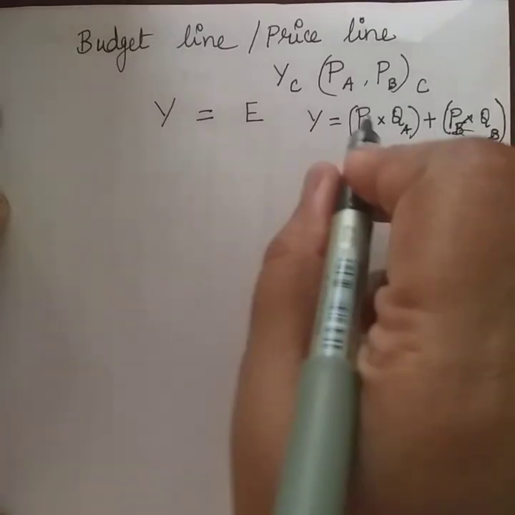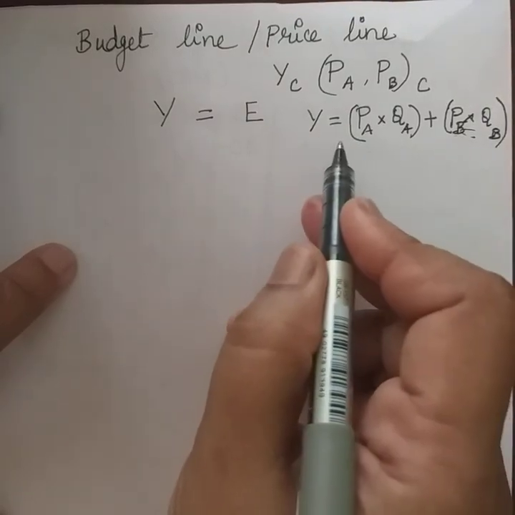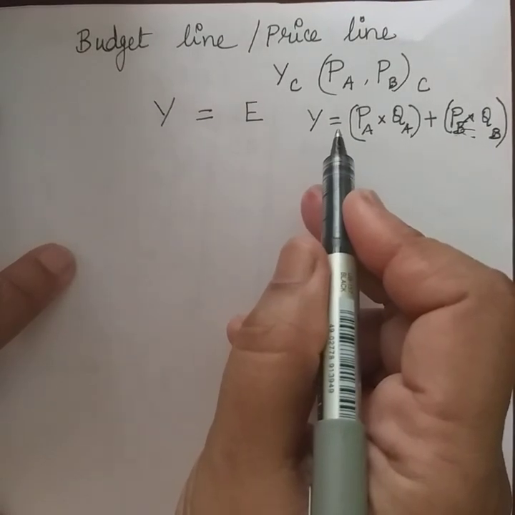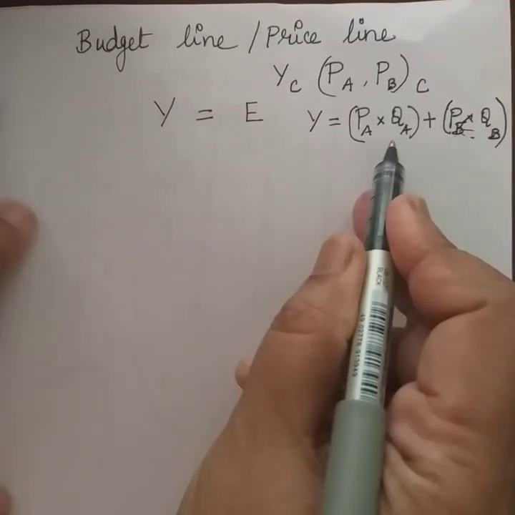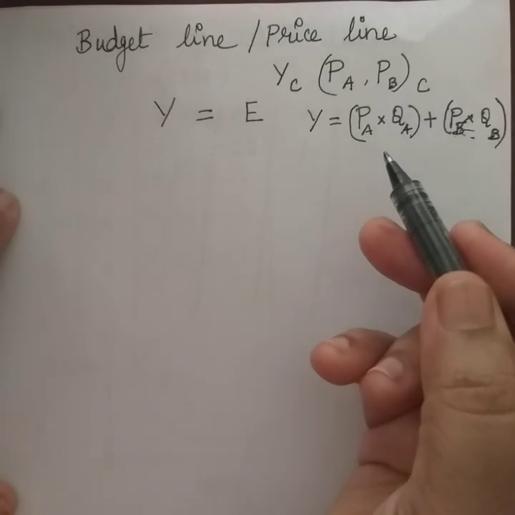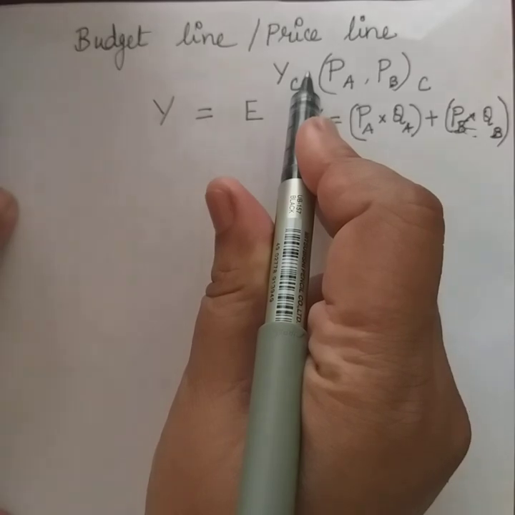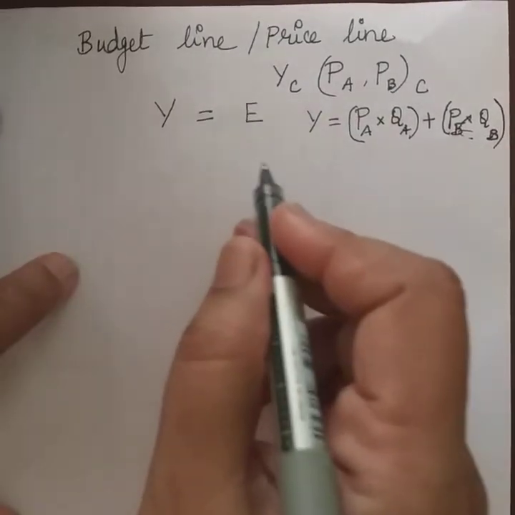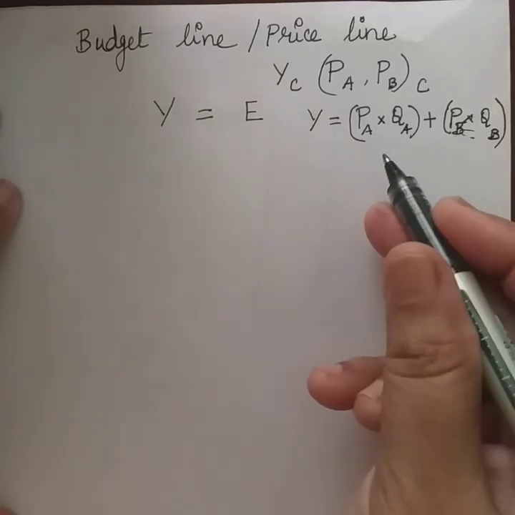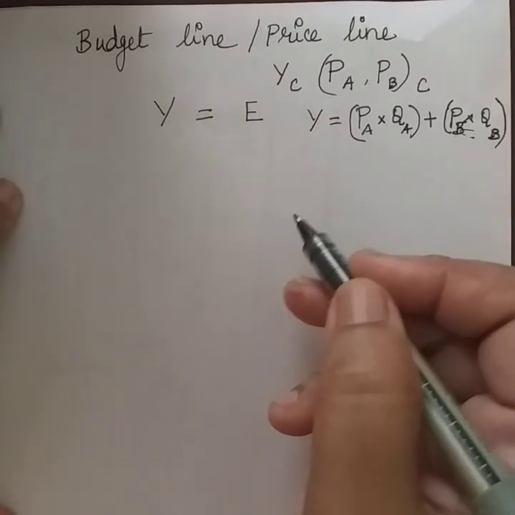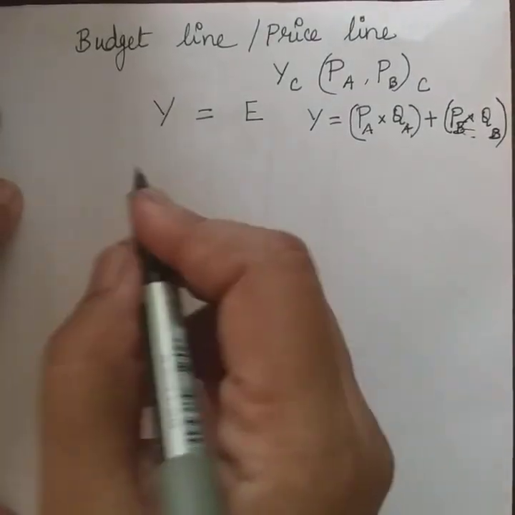Fine. Now, if the various combinations that the consumer will be able to undertake given the income and the prices are graphically expressed, that will be the budget line or the price line, right? So first we will see the tabular representation of the budget line or price line concept, then we will move on to depict the same through the diagram.